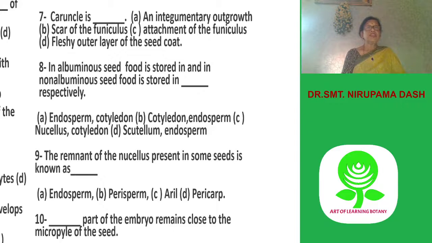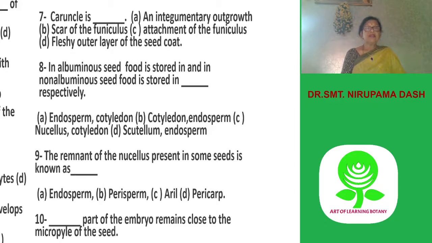Then eighth question, in albuminous seed, food is stored in dash, and in non-albuminous seed, food is stored in dash respectively. Here choices are endosperm cotyledon, cotyledon endosperm, nucellus cotyledon, scutellum endosperm. Here the correct answer is endosperm cotyledon, A. The ninth question, the remnant of nucellus present in some seed is known as dash: endosperm, perisperm, aril, and pericarp.